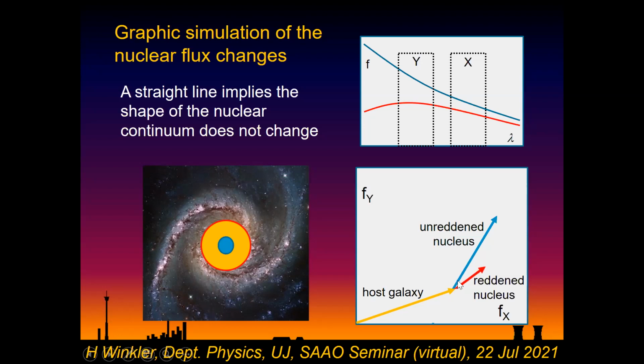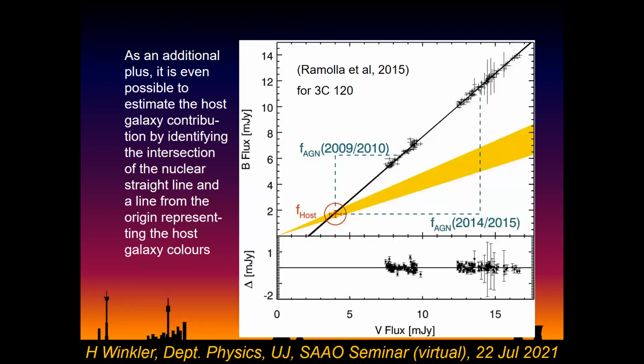So in a sense, the slope of this particular line gives you an indication about how much obscuration there is in this particular nucleus. And this was something nice. I said, oh, well, we've got some way to actually determine how much light is being lost through absorption.